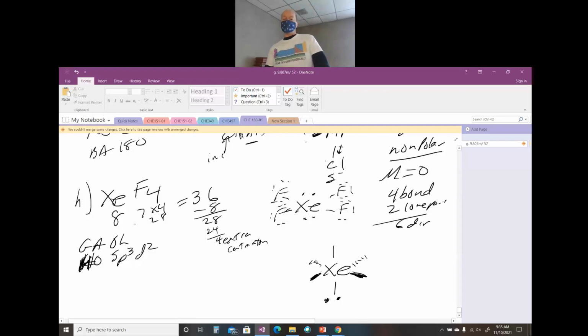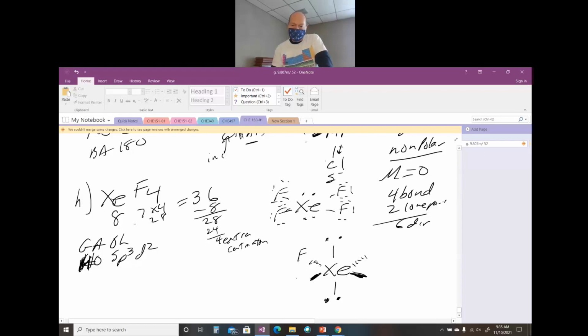Wherever you put the first lone pair, the second lone pair has to go 180 degrees away, as far apart as possible. So if you put one coming out on the left, it's got to go back on the right. So I recommend up and down, but it doesn't matter. As long as they're 180 degrees away, that is the same structure.